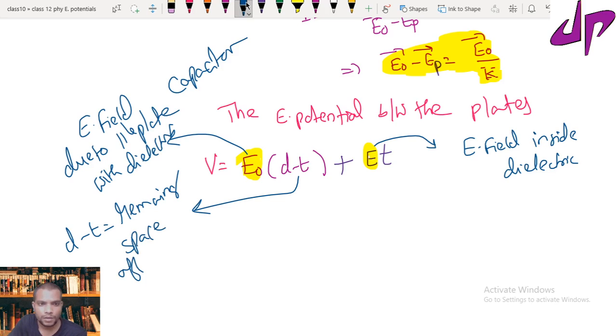So D minus T equal to remaining space after keeping the dielectric, and T equal to thickness of the dielectric.